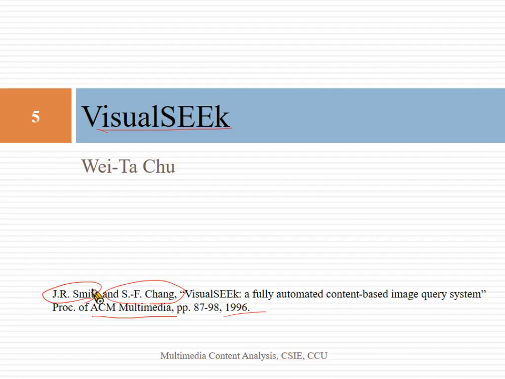Now he is working for IBM Research. Although this system was published 20 years ago, there are some important concepts we can study when we want to study our own content-based image retrieval system.